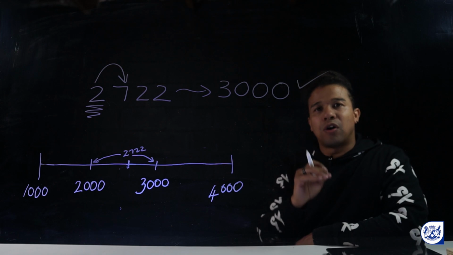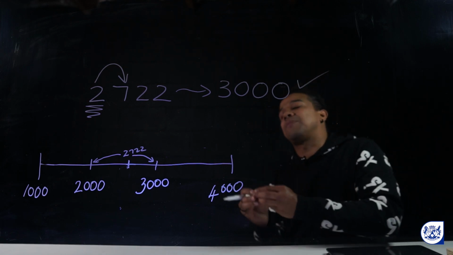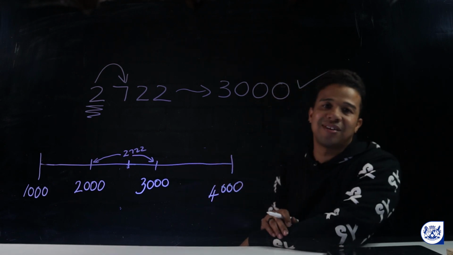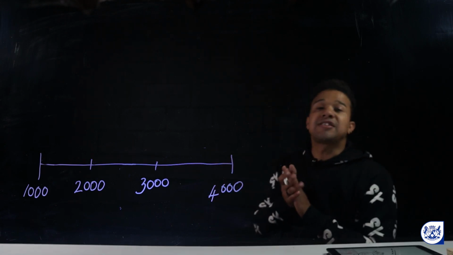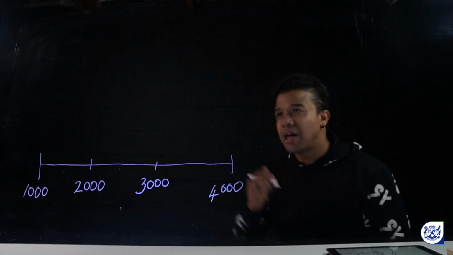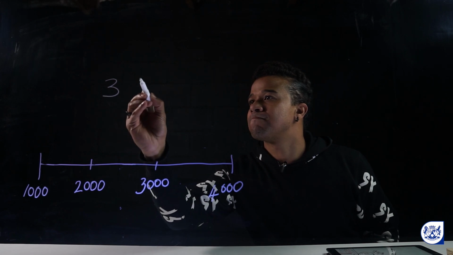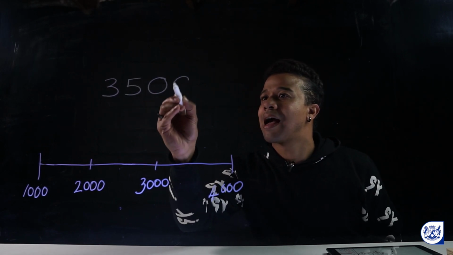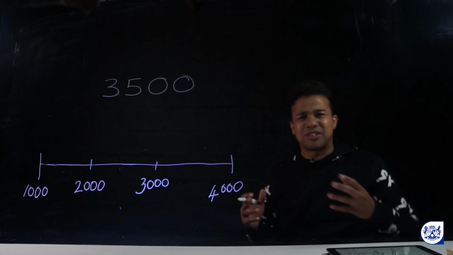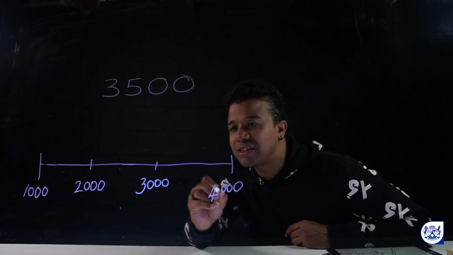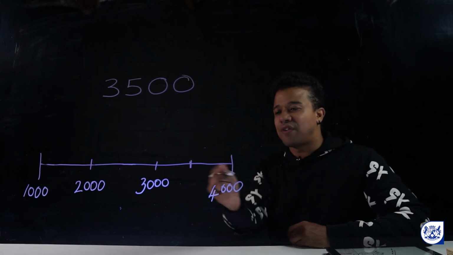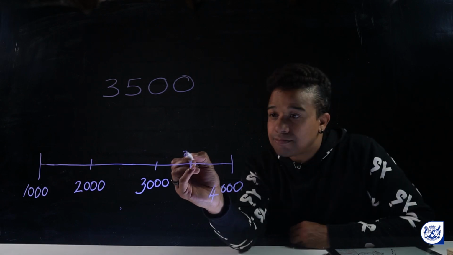And that's the same answer that we got when we looked at the position of the number 2722 on our number line. The last number we are going to look at to round off to the nearest 1000 is the number 3,500. And I'm sure by now you know the drill, you get how this whole thing works. 3,500 will lay exactly in the middle of 3,000 and 4,000.